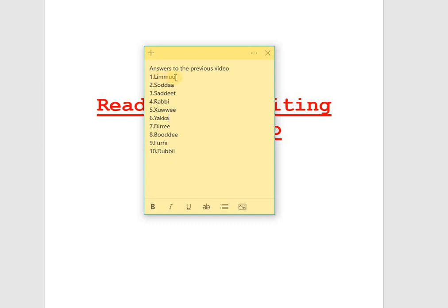Limu. Here is the ma sound. The M sound is strong and also long.